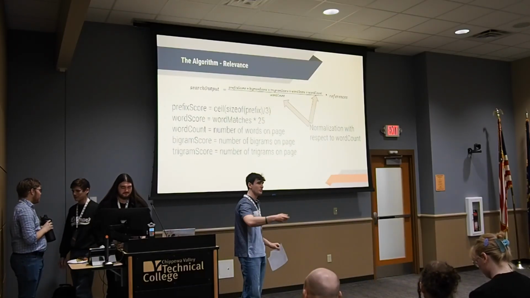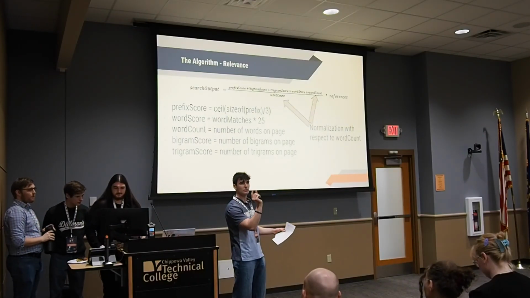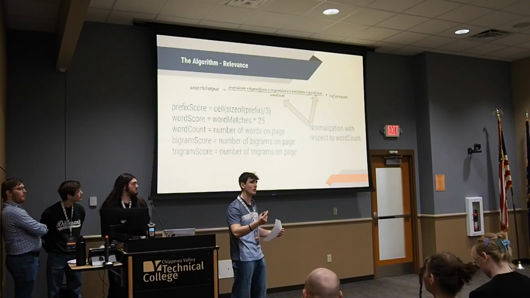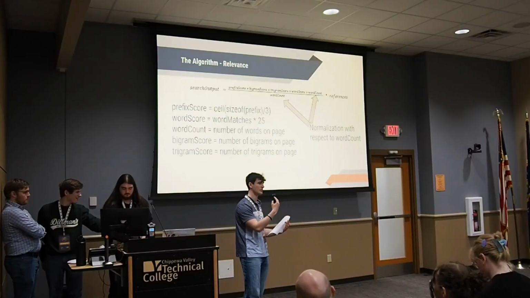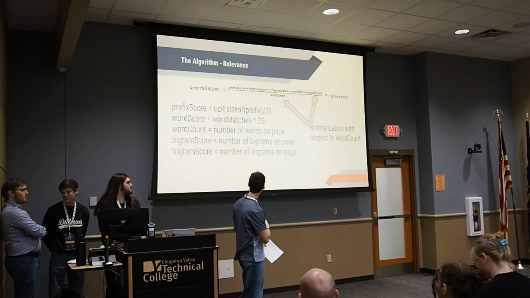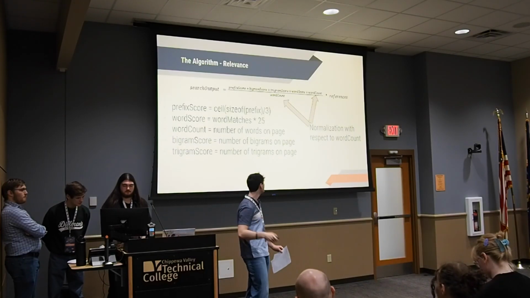Bigram score, we'll talk more about that in a second, but basically bigrams are splitting the words up into twos and seeing how many times those show up between the search query and what's stored in the database, as well as trigram scores, except they're split up into threes.